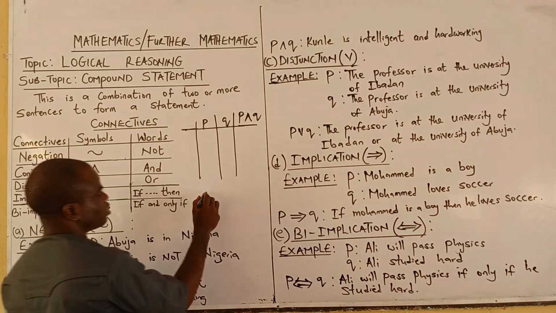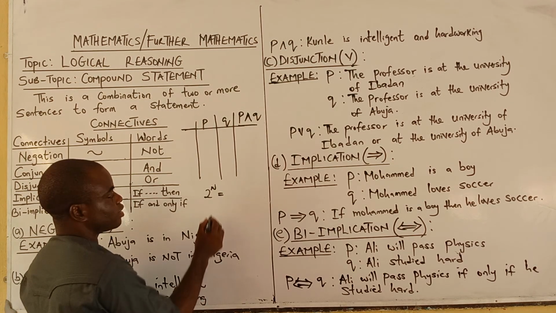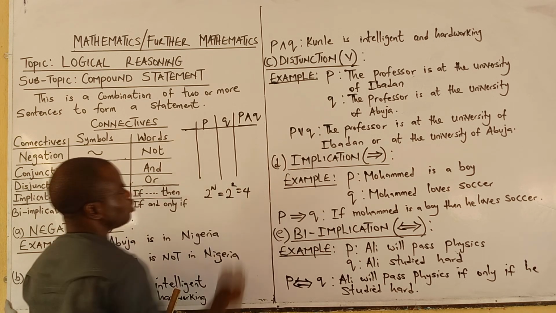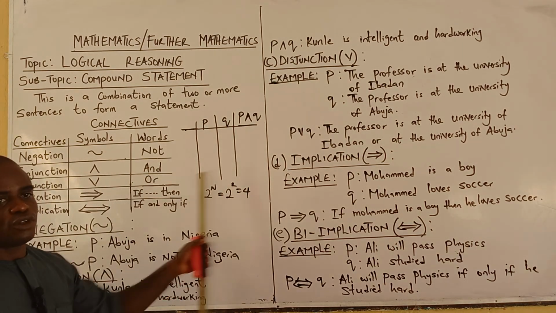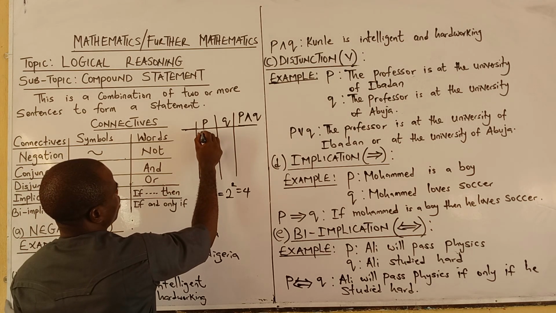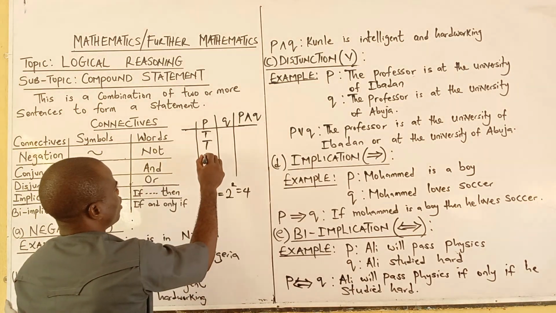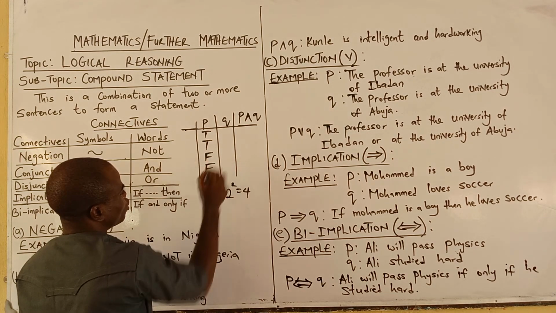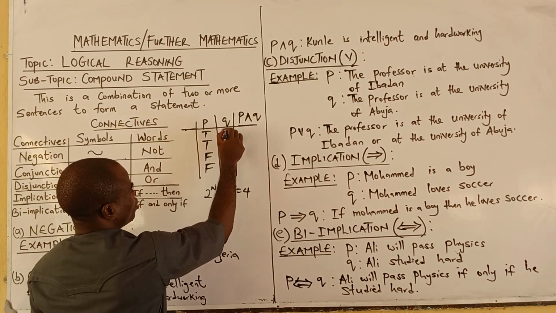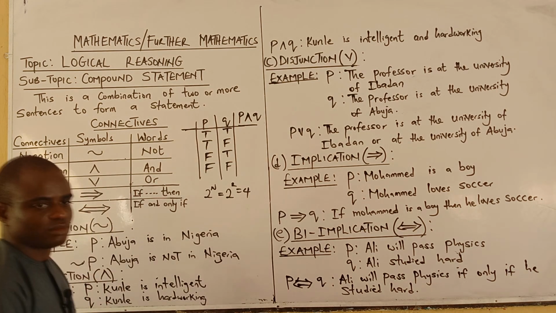Since we are comparing two sentences, the formula is 2 raised to the power n, where n is the number of sentences. 2 raised to the power 2 is 4. This shows us that we are going to have 4 rows. Start with true, true, two true following each other, and then two false following each other. You now interchange it: true, false, true, false in the second column.